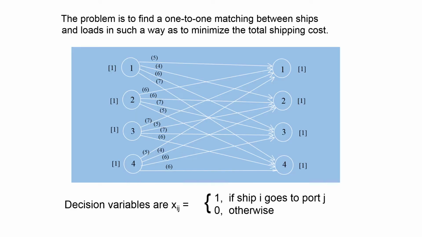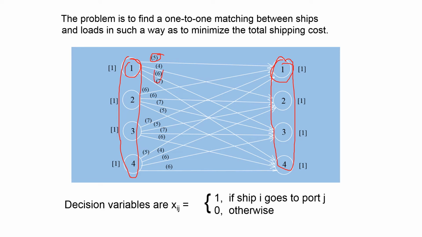Here's the network representation of the same problem. You can see that there are 4 nodes for each of the sources, and exactly the same number for the destinations, and I'm mapping. If you map source 1 to destination 1, the cost is 5 units of cost, whatever that is, and so on.